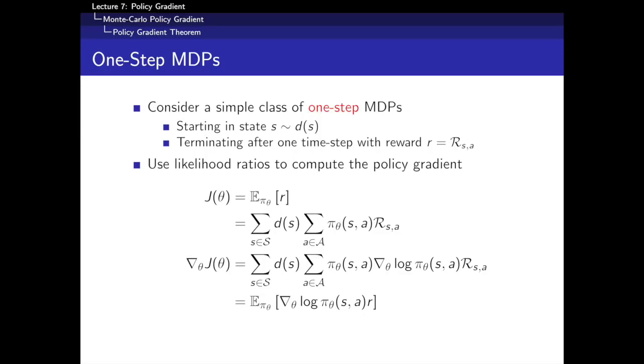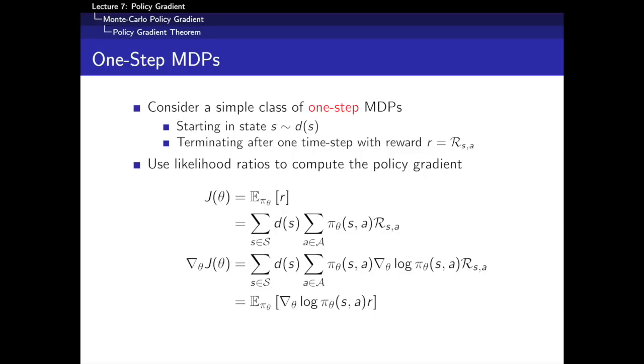And so let's just expand this out. This is the expectation over the state that we start in, and this is the expectation over the actions that we pick under our own policy. So this is the expected reward. And now we're just going to plug in the likelihood ratio trick. We're going to take the gradient of this whole thing. We want to know the gradient that gets us more reward.